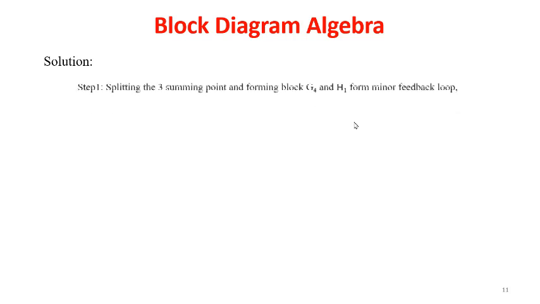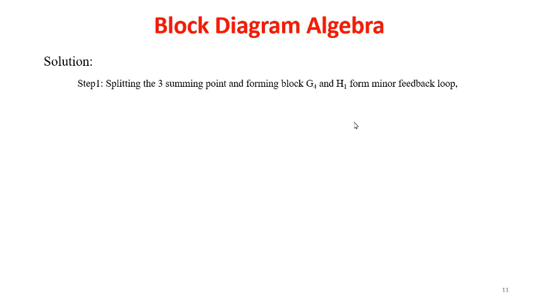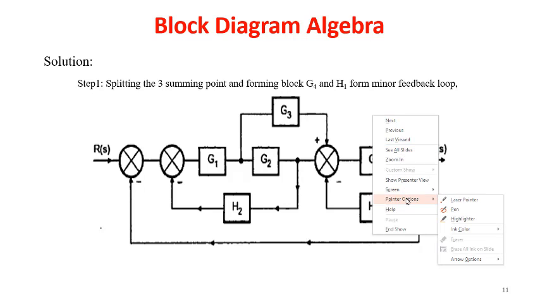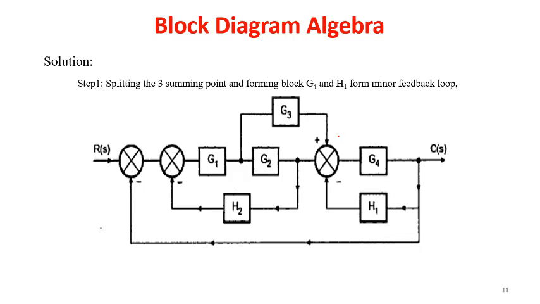Let's see the problem. Here in step 1, we are splitting the third summing point and forming blocks G4 and H4 into a minor feedback loop. So as I have told you, we are going to identify the third summing point.